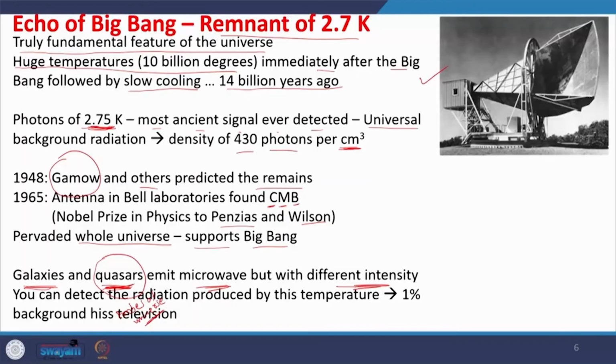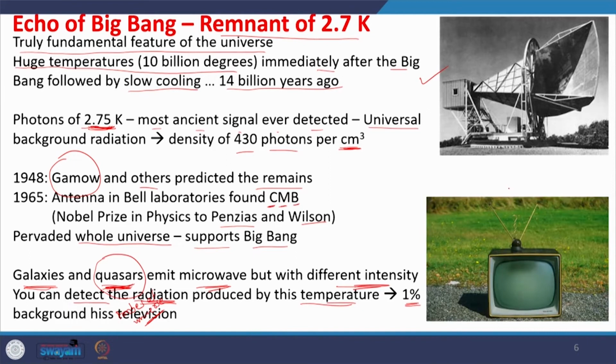Interestingly, one can detect this radiation of 2.75 kelvins not from galaxies or quasars, but from the echo of the Big Bang, as a part of which it produces about 1% of the background noise on a television. More details you can find on the internet. The television antennas can catch this background.